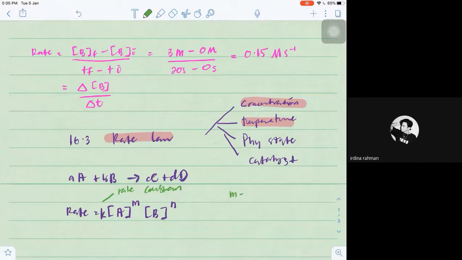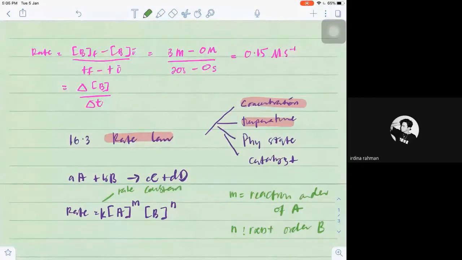This M is the reaction order of A. N is the reaction order of B. M is the order for A, and N is the order for B.